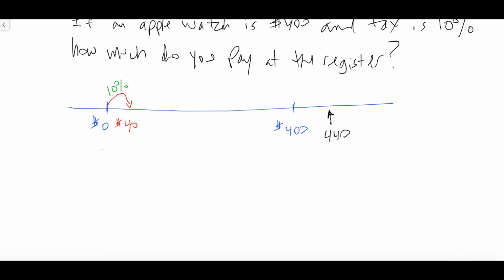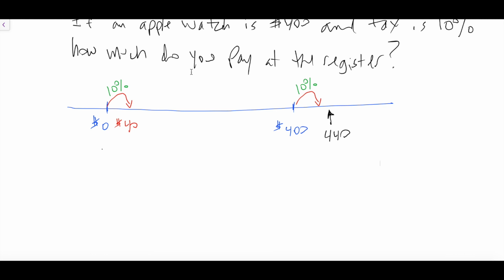The cash register is going to say, whoa, whoa, whoa. Why would I want to do 2 steps when I can just do that? 440 is not 10% of 400.